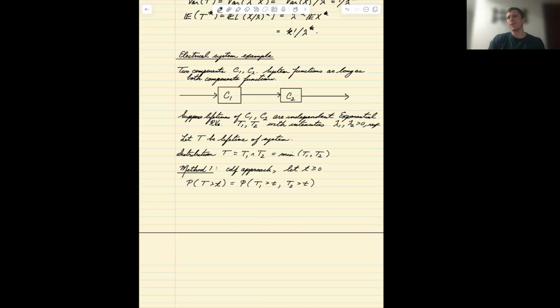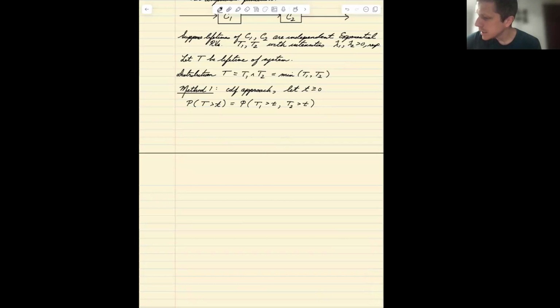Whereas, just as an aside, if we were calculating less than or equal to, then this can be true if T1 is less than or equal to t and T2 is less than or equal to t, or T1 is less than or equal to t and T2 is greater than t, or T1 is greater than t and T2 is less than or equal to t.